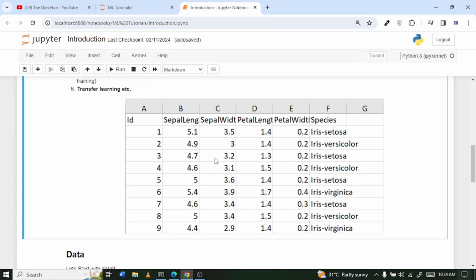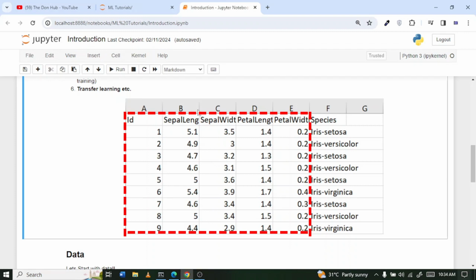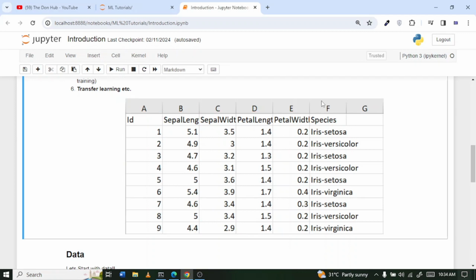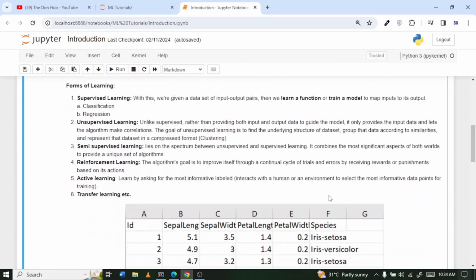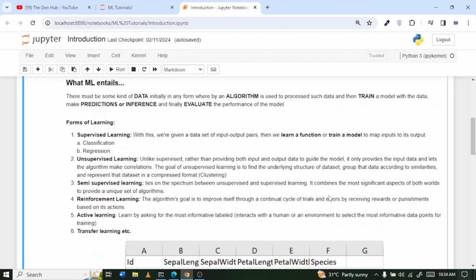So when we say features, the features are the characteristics of the input. The features are the columns here which we are feeding to our model, okay? And our label is the output, okay? So put that in mind. Features are the inputs and the label is the output, okay?